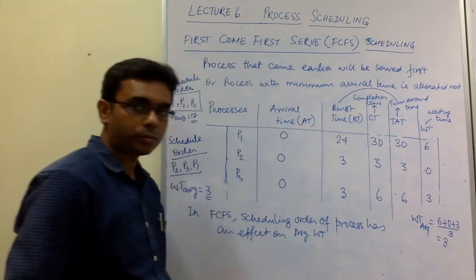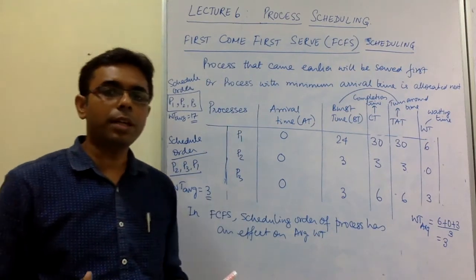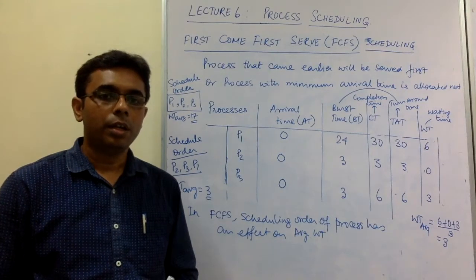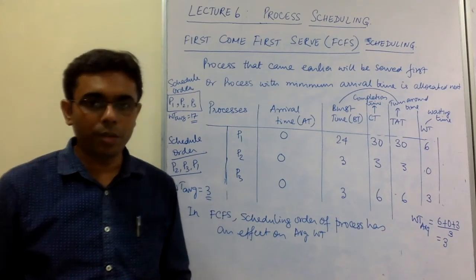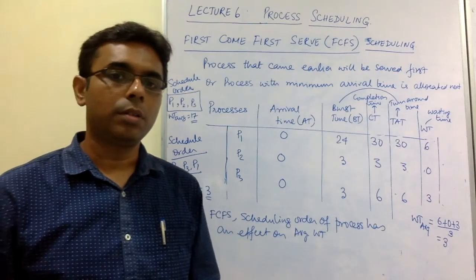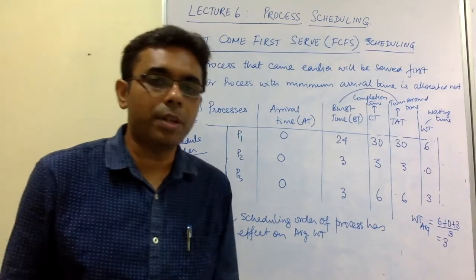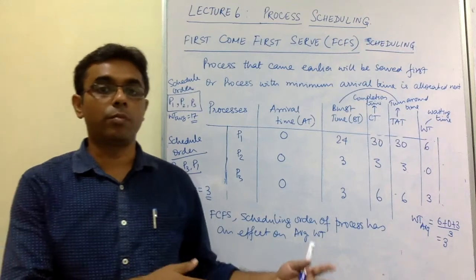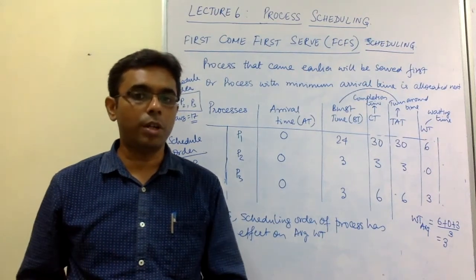Okay. And what we observe is this particular scheduling algorithm depends on the order of processes. If you select a particular order of processes to schedule, you have a certain waiting time. If you change the order, you have a different waiting time.